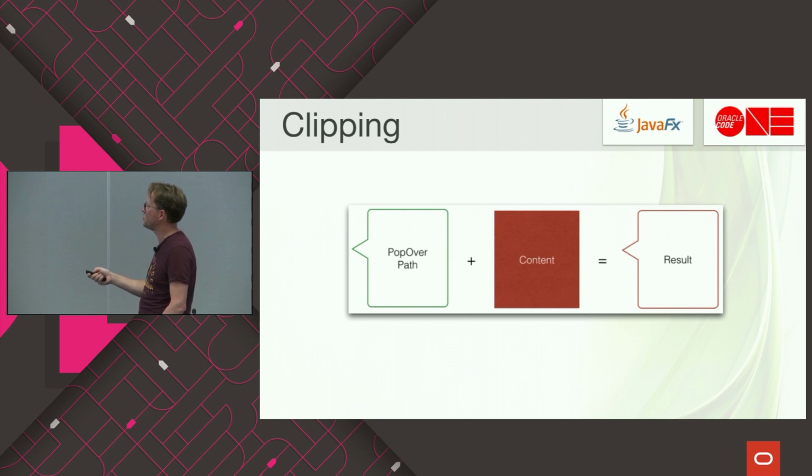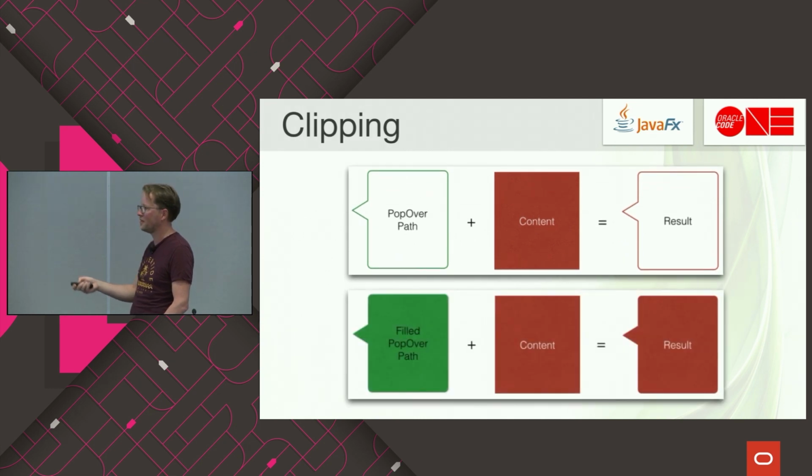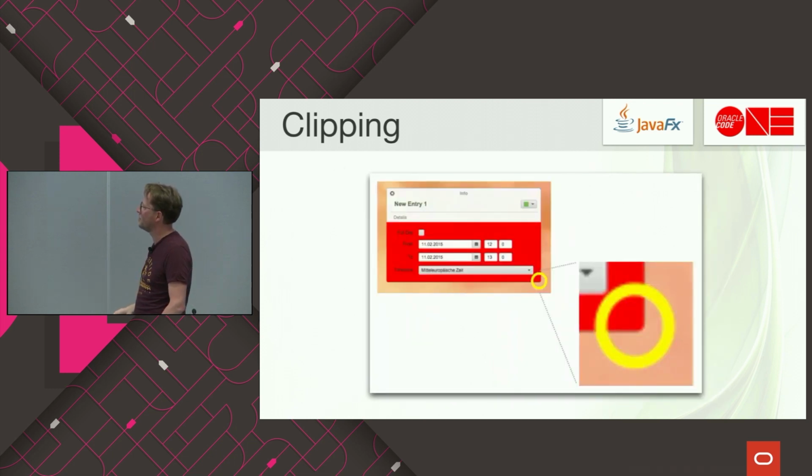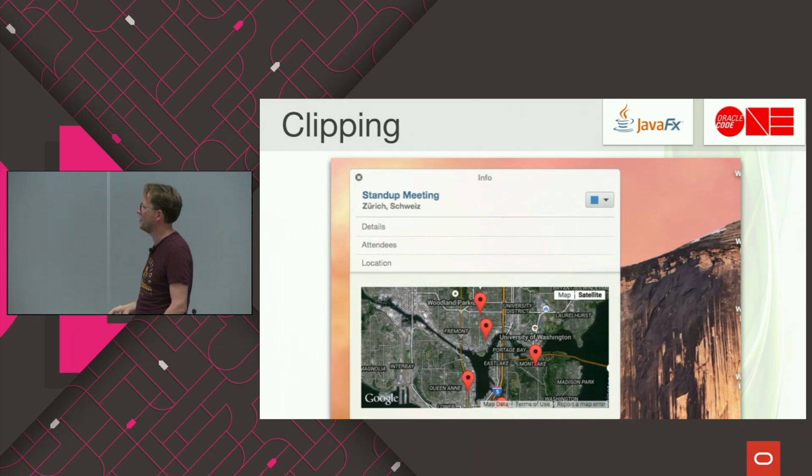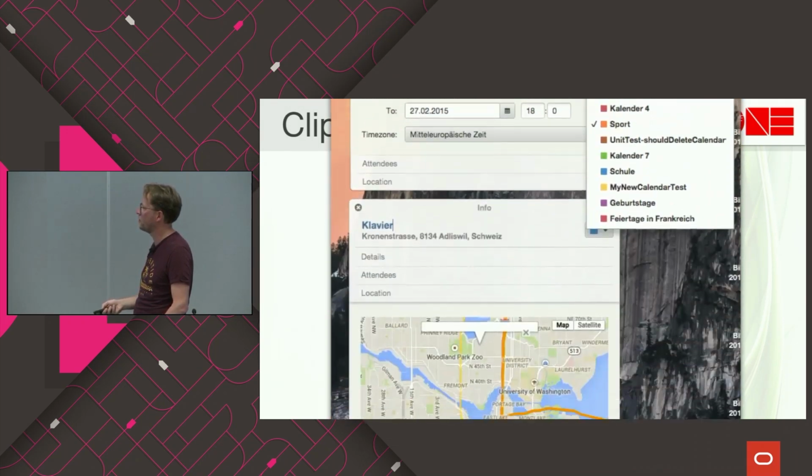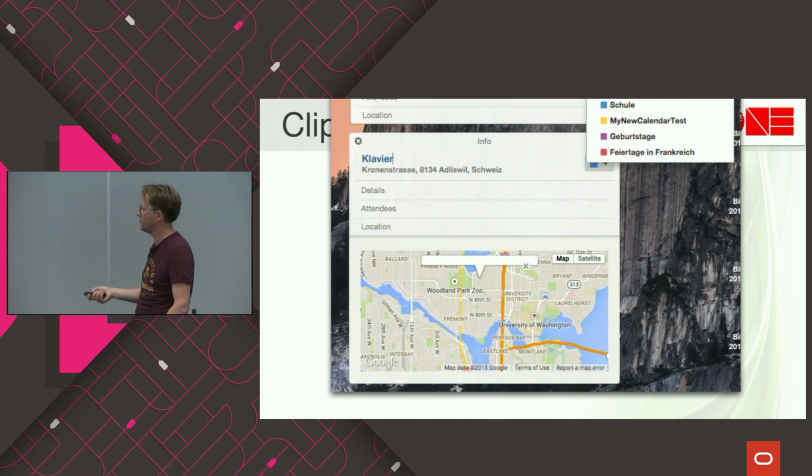So the result was just this outline until I understood that I actually had to fill the path with the color, and then the clipping would work as desired, okay? So I did this, and then all of a sudden, this also worked very nicely. Okay, and this was then the final result in our application. Okay, all around.